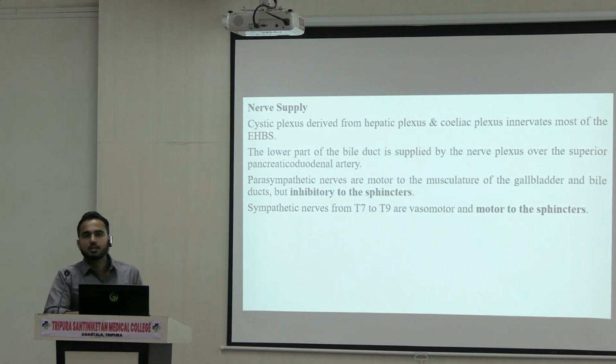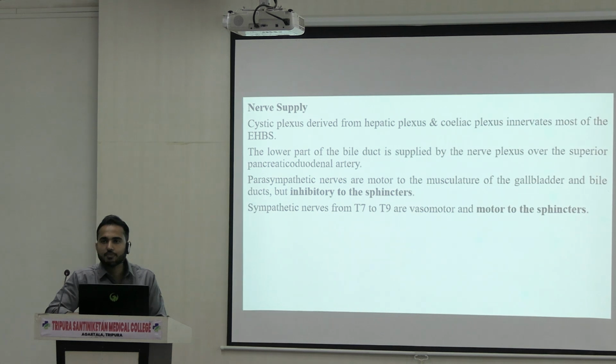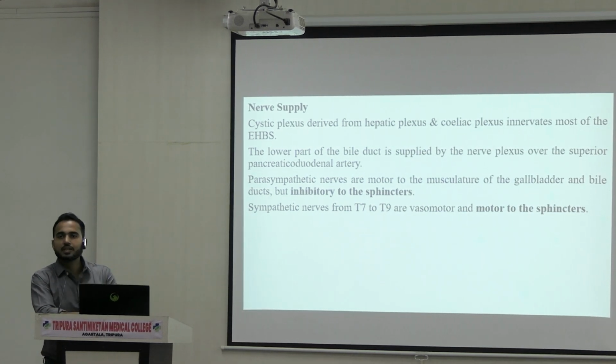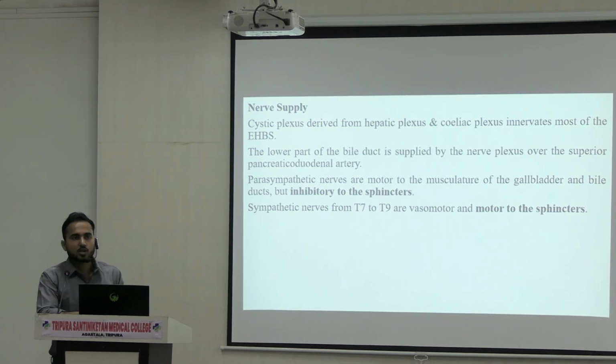Now, have you heard about the term called referred pain? I hope you have heard about it. You have studied it also. Similarly, a very important clinical significance is related to the gallbladder.